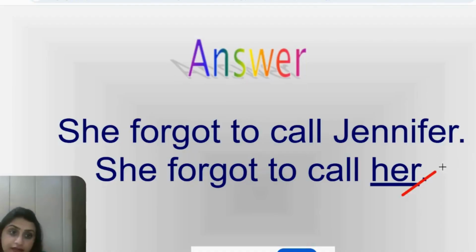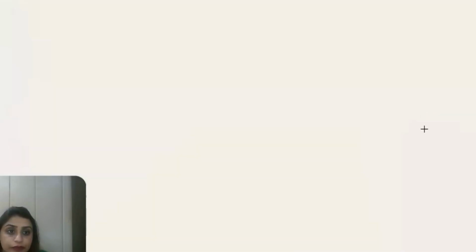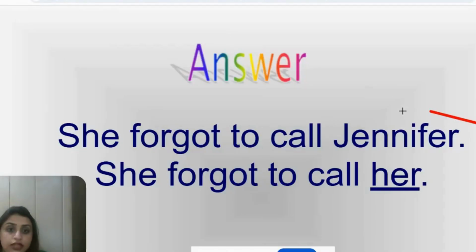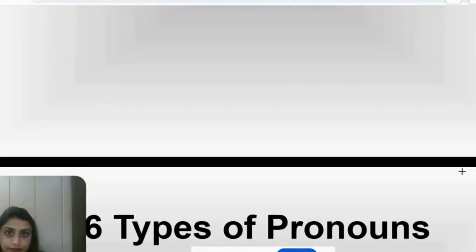So her here is an object pronoun because Jennifer is receiving the action here, and the pronoun used for Jennifer is her. So Jennifer is receiving the action, and the pronoun that we are going to use for Jennifer is her.